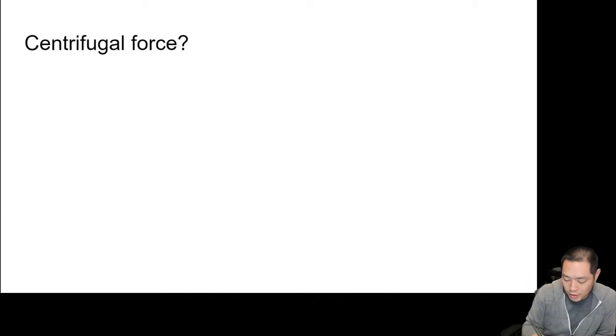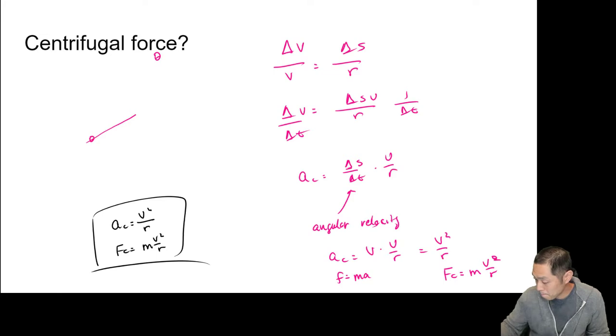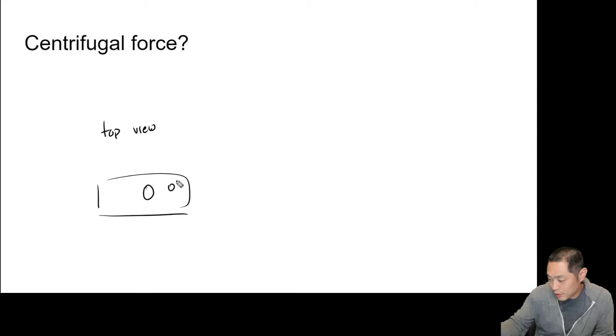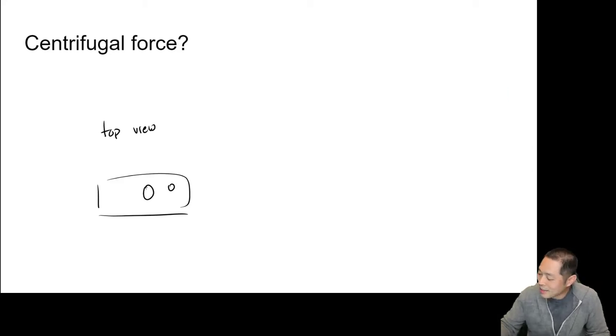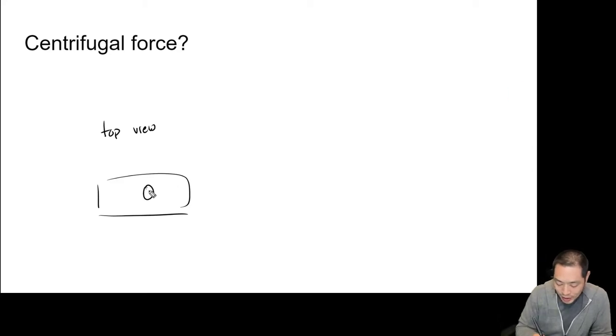So let's say this is you, top view. Here's you sitting in your car. So here's the car, here's the steering wheel. I won't draw the steering wheel. So here's you in the car, top view. There's your nose, and then your legs, and then your arms. There we go.